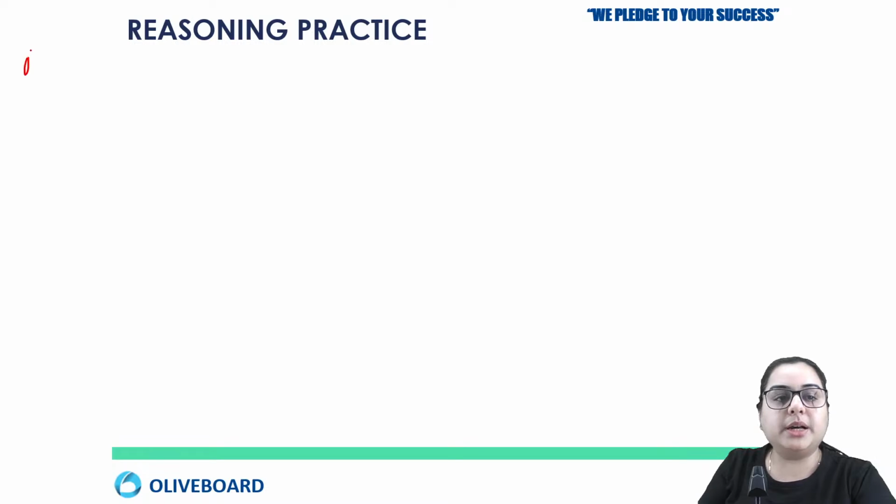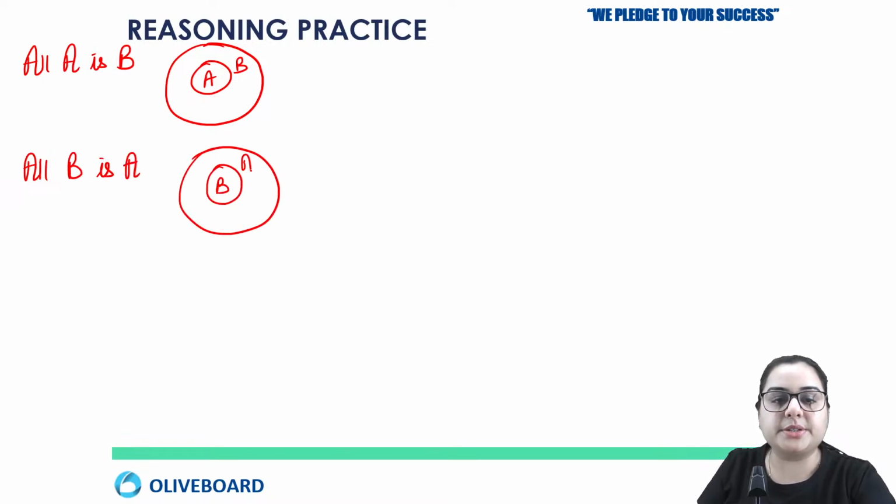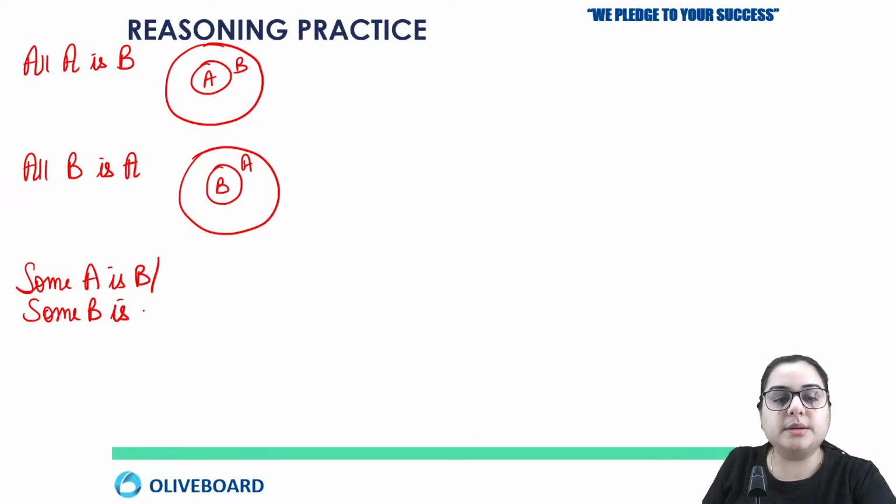Now, about the diagram, as you all know, the diagram for all A is B is like this. The diagram for all B is A is like this, right? But the diagram for some A is B or some B is A will be the same.